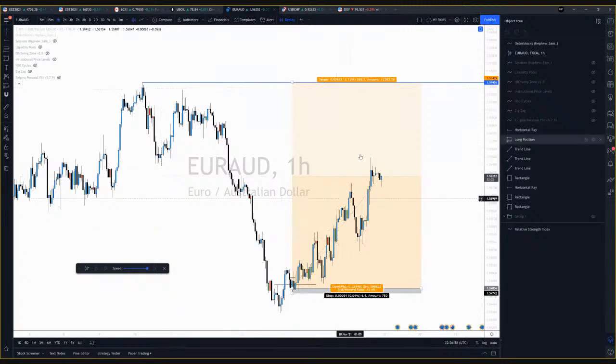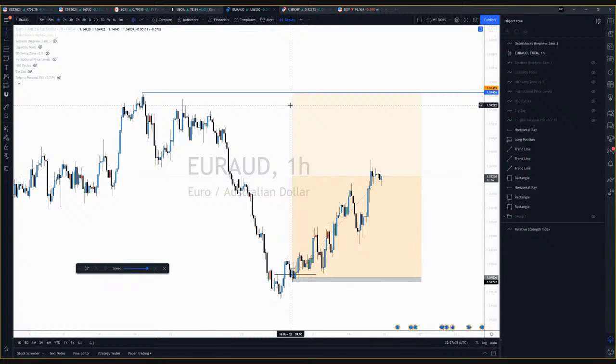Then that's what you get. And maybe you can scale in. If you understand what you're looking for, you can scale in as price is going up.